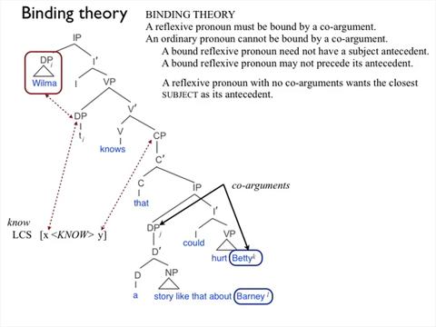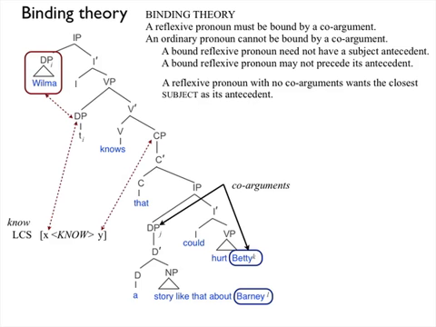But when we start to put in structures like this with a story and about and so forth, and we put in these kinds of determiner phrases, then it creates interesting scenarios. And the ones that have given rise to a lot of the work in trying to state the exact constraints on binding theory.